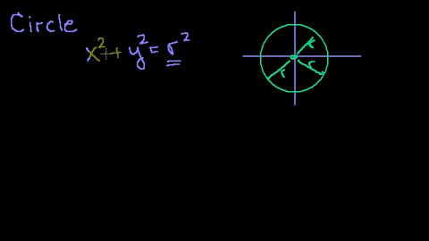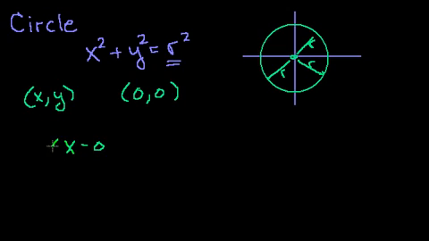And to some degree, this formula is an extension of the distance formula, which is really just the extension of the Pythagorean theorem. So for example, if I want to know the distance between some point x comma y and the point 0, 0, you take the difference of the x's, so x minus 0, you square that, and then you add that to the difference of the y's squared.